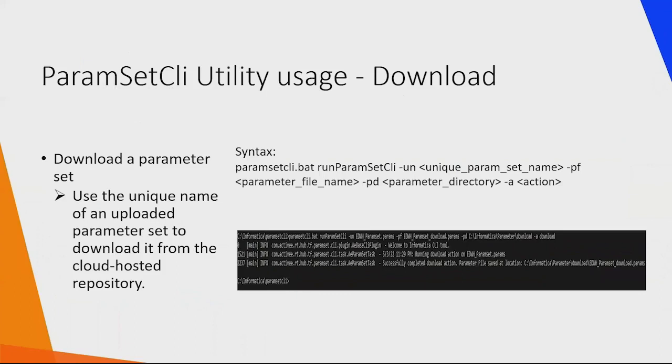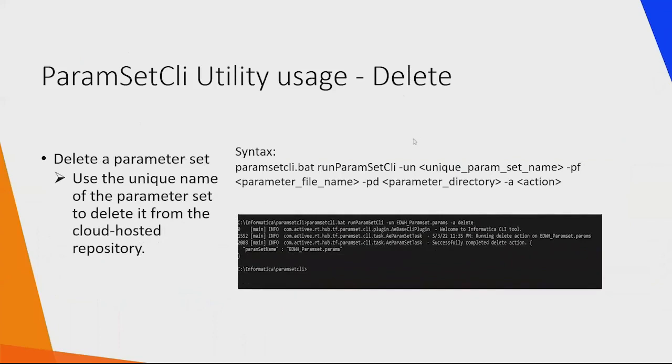But instead, you can download that file from the cloud hosted repository, and when you download it, you will get a copy of that, and you can see all the different entries over there. And if you want to modify it, you can just modify that and re-upload it. So using this download option, you can download that file, and every parameter set has to be uploaded with a unique name. And this is the syntax to download the parameter set.